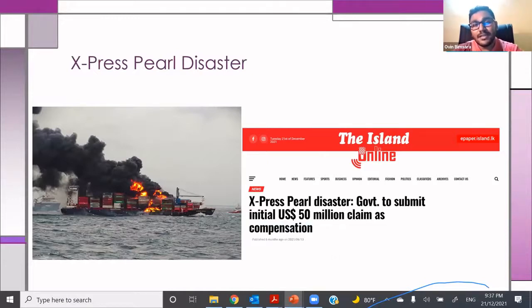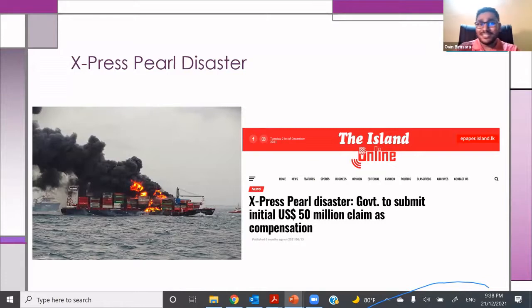and this is a good example that we can bring in terms of the foreign trade and insurance, the Express Pearl disaster. The damage was in between $30 million to $50 million, and there were 2,700 container boxes, and all got affected. And as a result, even the Sri Lankan Sea got negatively affected, and the initial compensation was claimed as 50 million US dollars.